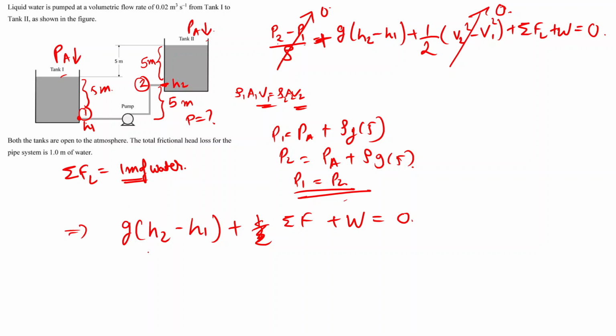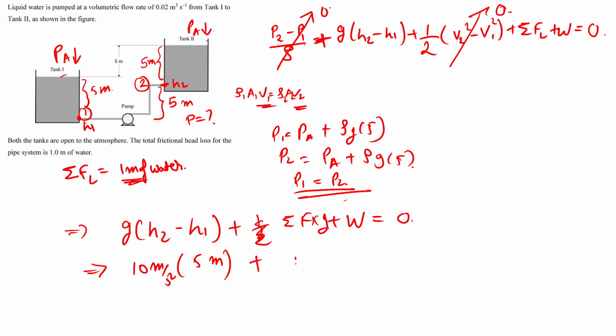Now let's replace all the values with the units. We have g as 10 meter per second square, height is 5 meter, plus the friction loss which we have been given in meter, so we will be multiplying it by g again. Over here there will be g, so we can convert this into meter square per second.